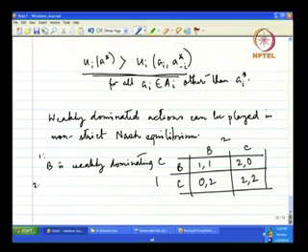For player 2 also, B is weakly dominating C, because if player 1 is playing B, then it is better for player 2 to play B. If player 1 is playing C, player 2 is indifferent. So, for player 2 also, B is weakly dominating C.